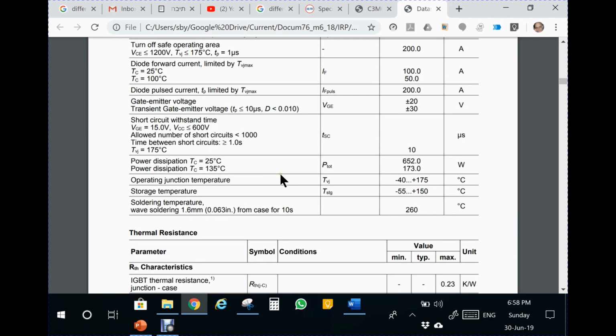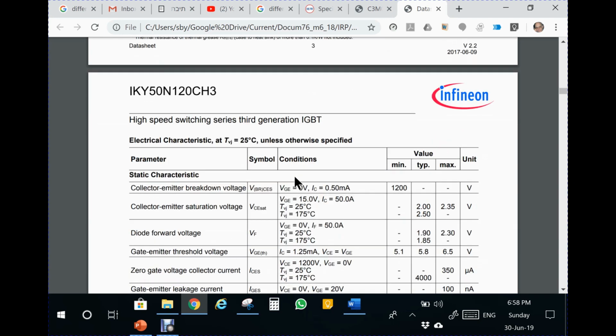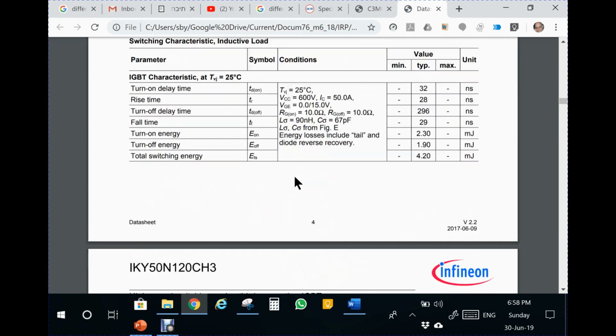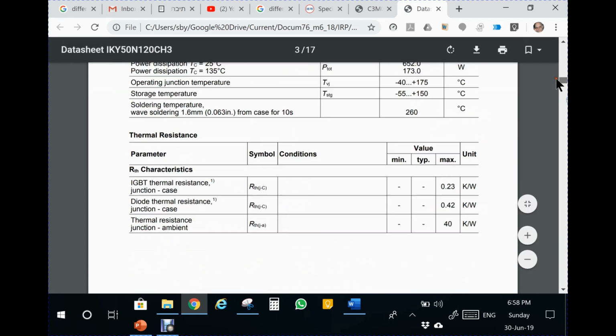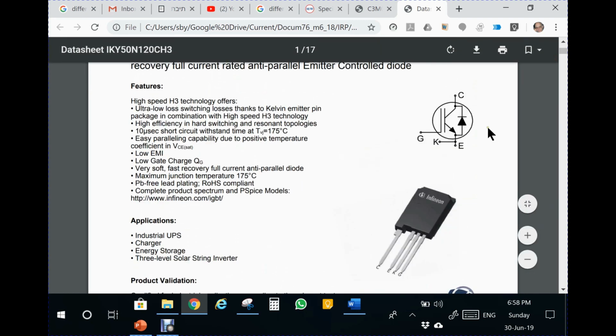Then let's have a look at the crucial parameters, which are the energy turn on and turn off. By the way, I didn't say that the diode that is shown here is an extra diode that is put into the package.